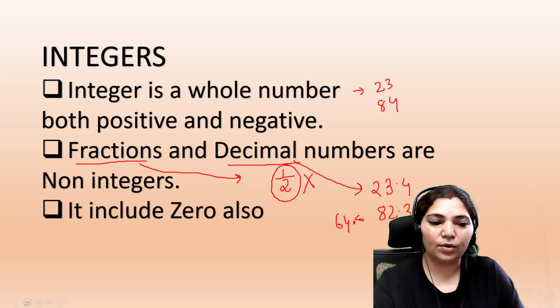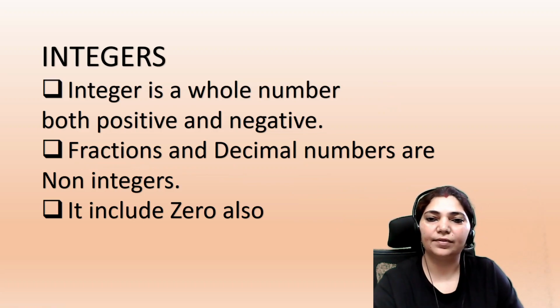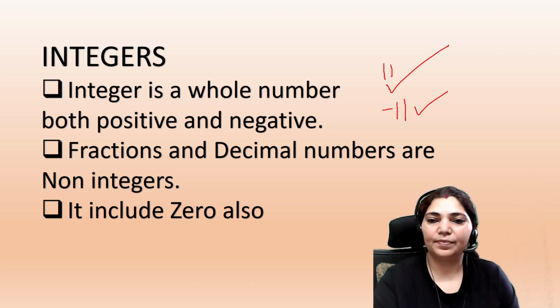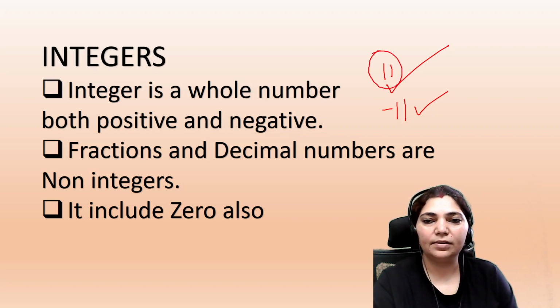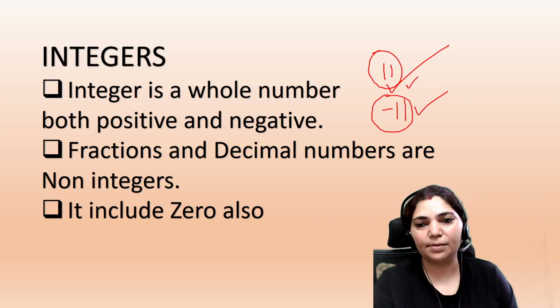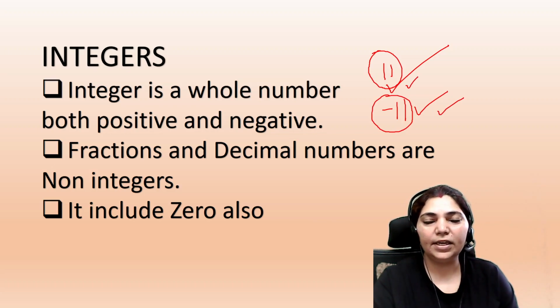Now there is another important point which you should know, that an integer can be both positive and negative. That means if I say 11, this is also an integer, and if I say minus 11, this is also an integer. This is a positive number, and this is a negative number. How do we differentiate between a positive number and a negative number? In a negative number, we can always see there will be a negative sign, which is a minus sign.